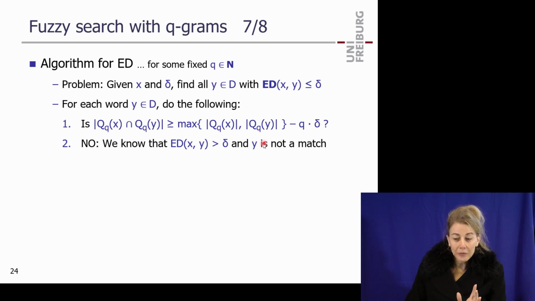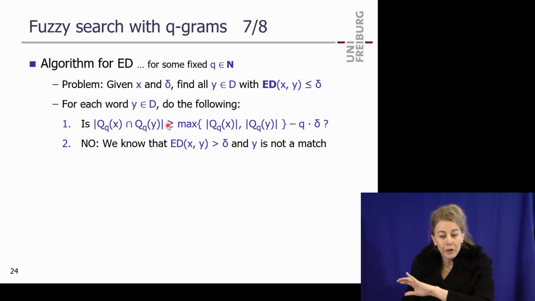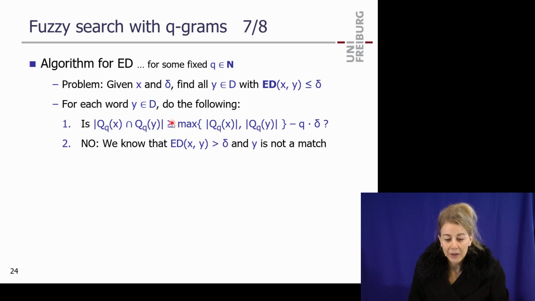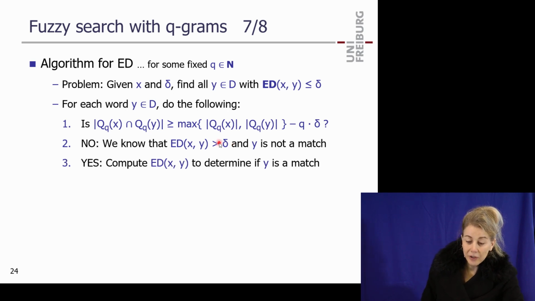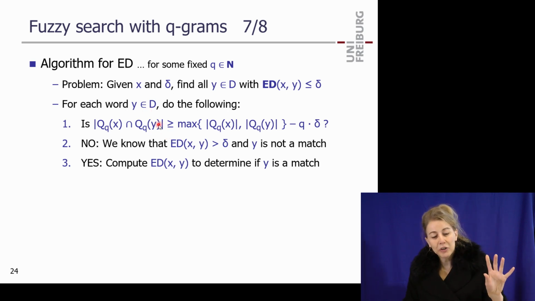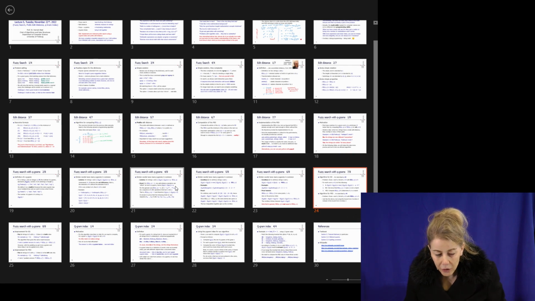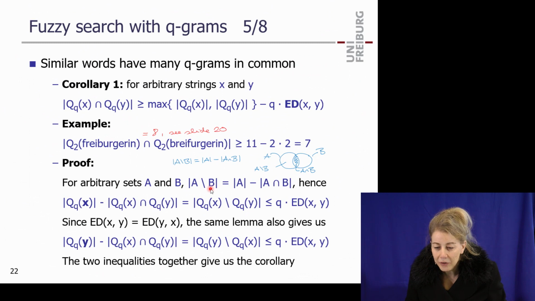And if they don't have a lot of q-grams in common, then I know that the edit distance can't be small, right? And you have to check it out for yourself that this is actually the right direction. If they have many q-grams in common, I cannot be sure that the edit distance is small. This is the example we have seen, a very good comment earlier.